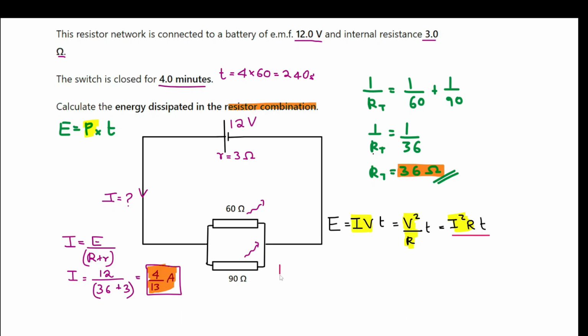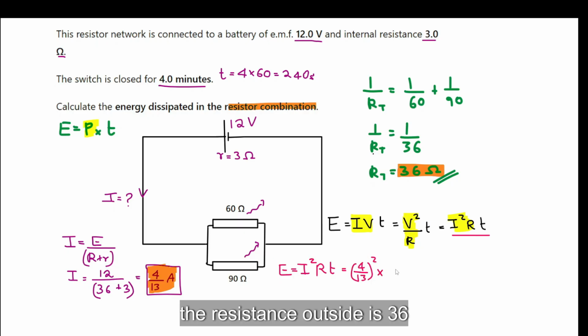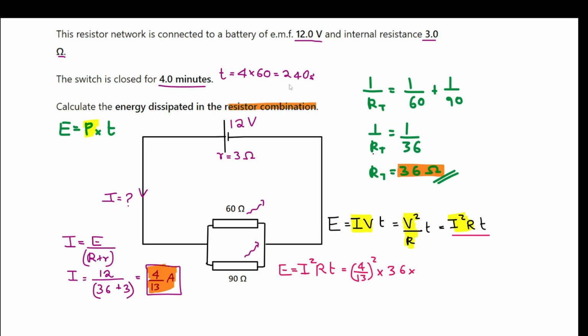So let's do that. E is equal to I squared RT. It's 4 over 13, everything squared, multiplied by the resistance outside, which is 36, and the time we know, 240 seconds.